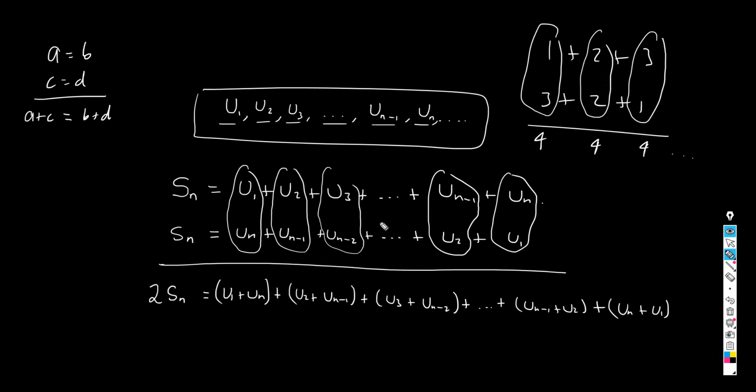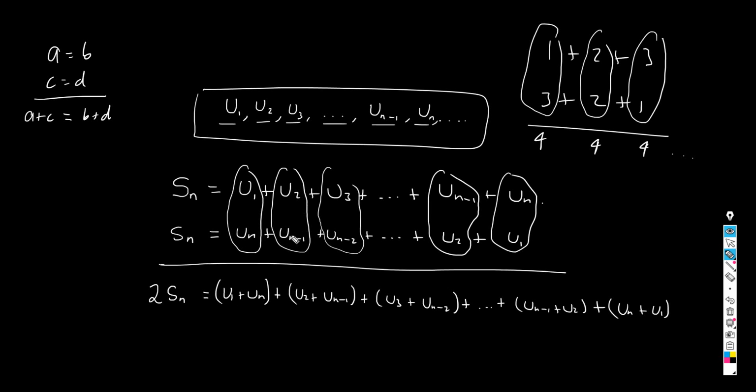Now, you must realize that we did the same in here. We had the series for this particular sequence, and then we reversed the series, from u1 to un, and now from un all the way down to u1. So when I add these two terms, I get this.